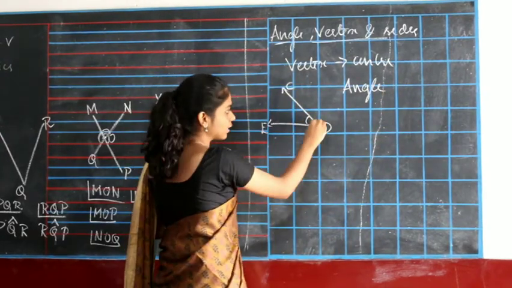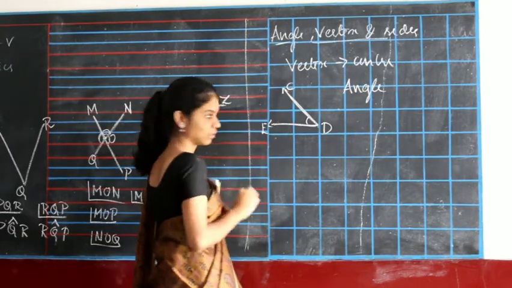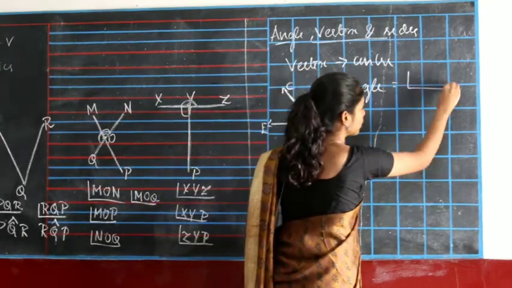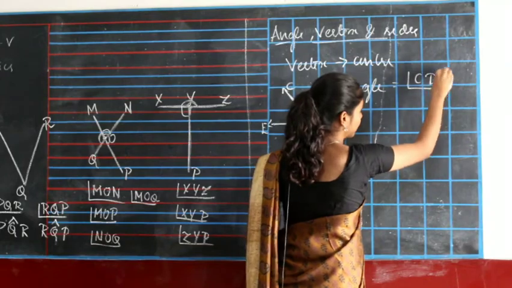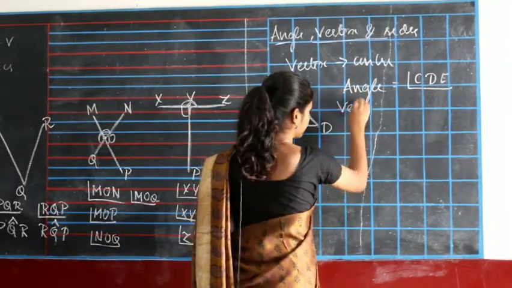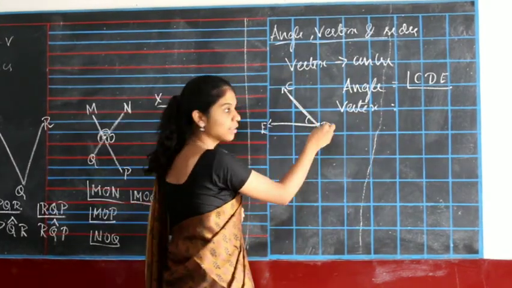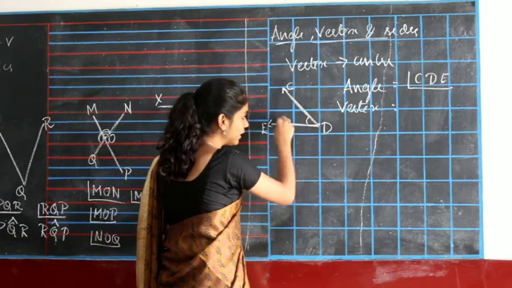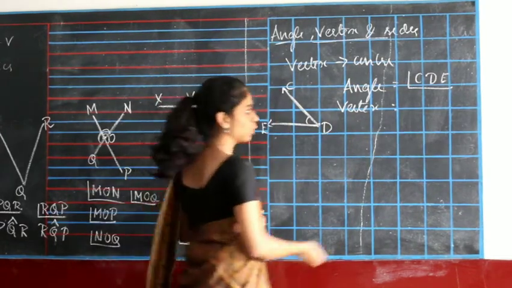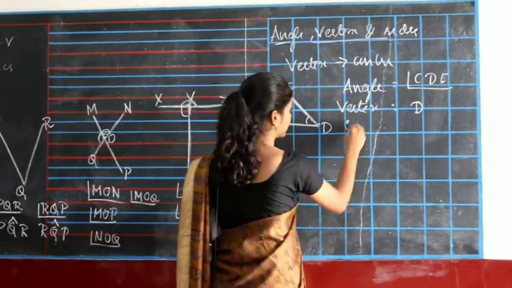Angle C, D and E. You can see the continuous line, right? So angle will be C, D and E. Next one, vertex. You can see D is the point that is connecting E and C, right? So D will be the vertex. And then sides.